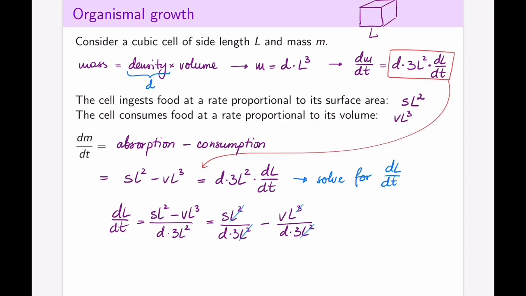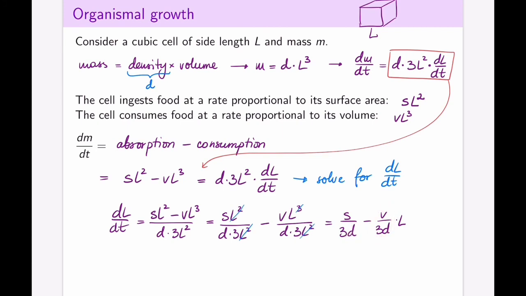So what I have altogether in a simplified version is S divided by 3D minus V divided by 3D times L, right? So all of the L's got canceled here, but I still have one L remaining here. This is a constant because this is just the surface proportionality constant and the density, and this is also a constant for the exact same reasons.